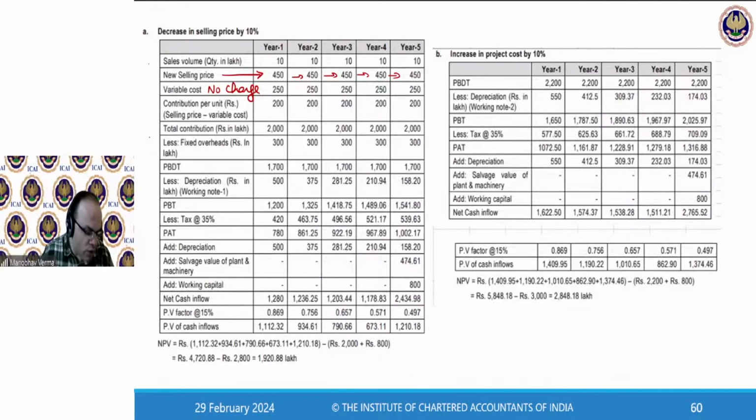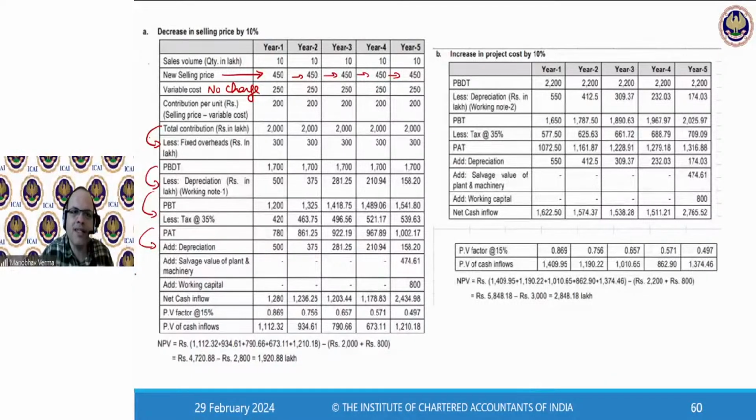But now I'm sure most of you would agree with me that if I use method 1, it's very simple, straightforward, but it's more work. So contribution, less fixed cost, then we're talking about profit before depreciation, less depreciation, then less tax, and then add back the depreciation, and then talk about the working capital. Okay, one more important step here, guys.